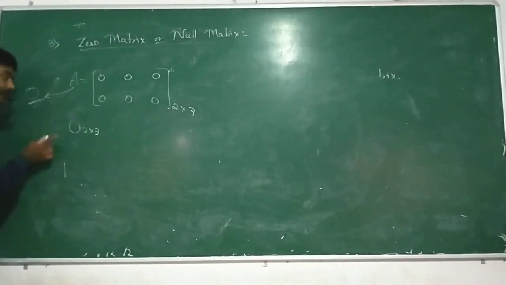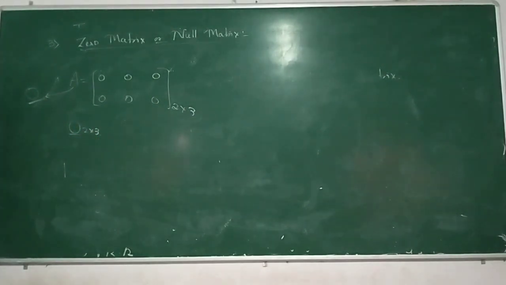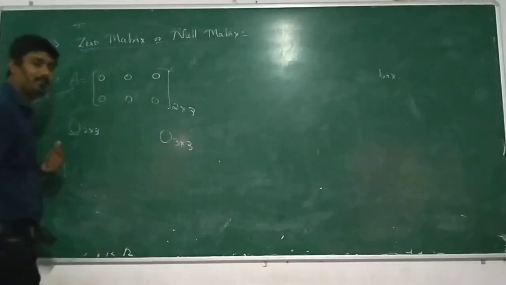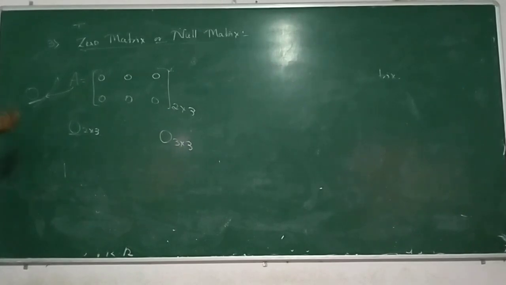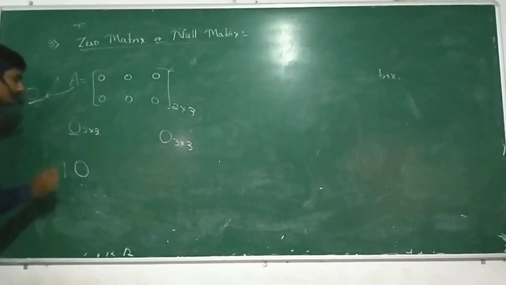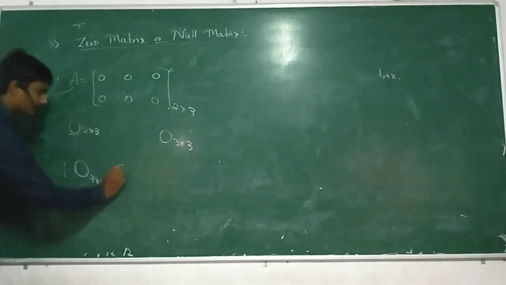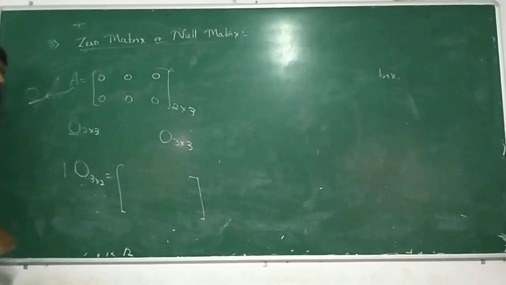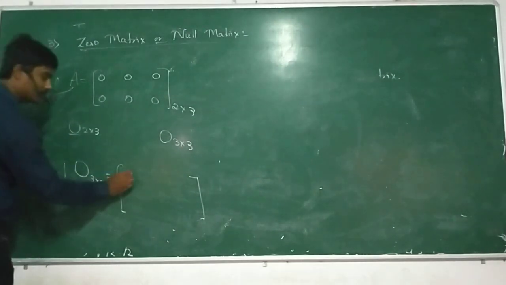You must understand that we are speaking about a zero matrix whose order is 2 by 3. If I write the zero matrix of order 3 by 3, we denote it like this, right? So if I ask you to write the zero matrix of order 3 by 2, zero matrix means all the entries will be 0, 3 rows, 2 columns.